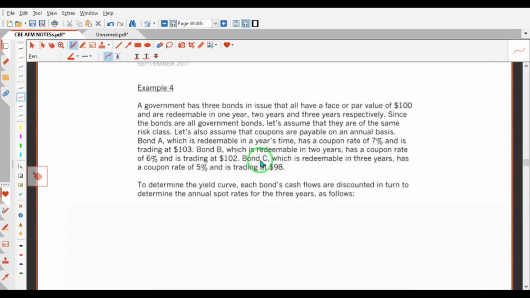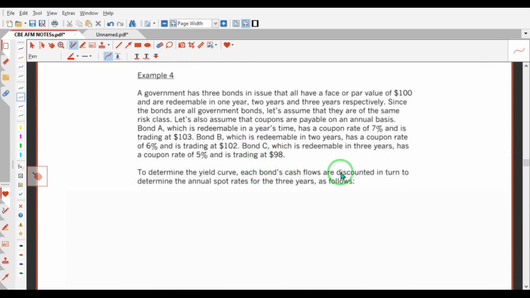All right, example 4. By the way, my name is OVIYAN. Example 4 is basically using government bonds to get the yield of the government bonds.